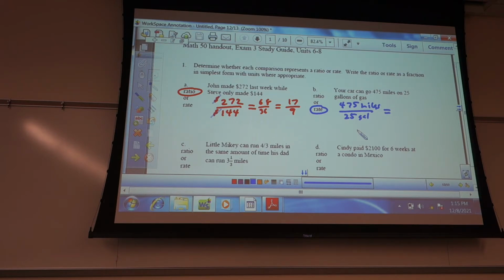So I'm going to divide them both by 25, and I will get 19 over 1. So I can go 19 miles, ooh, that's not very good, on 1 gallon of gas. That's an old car, man.